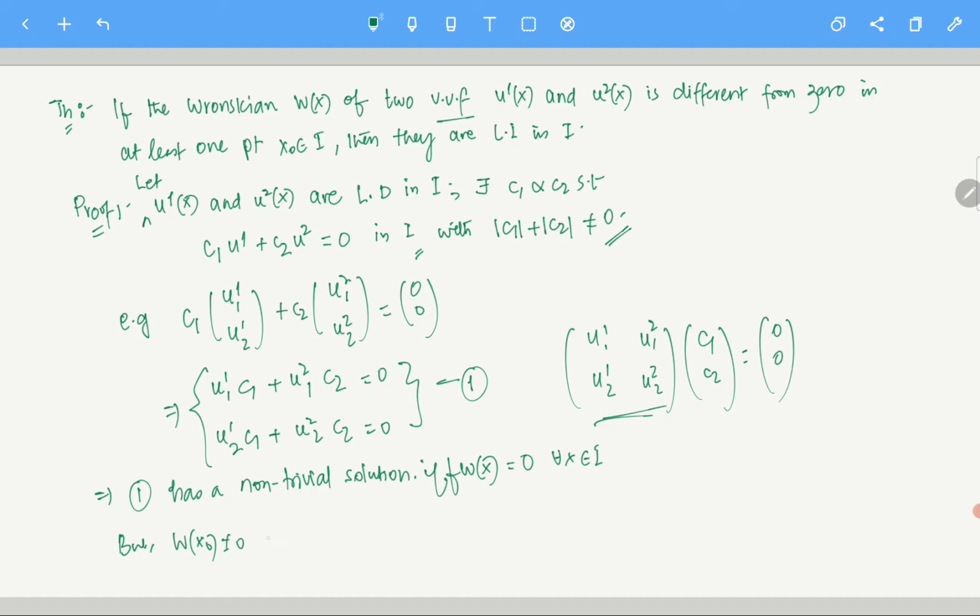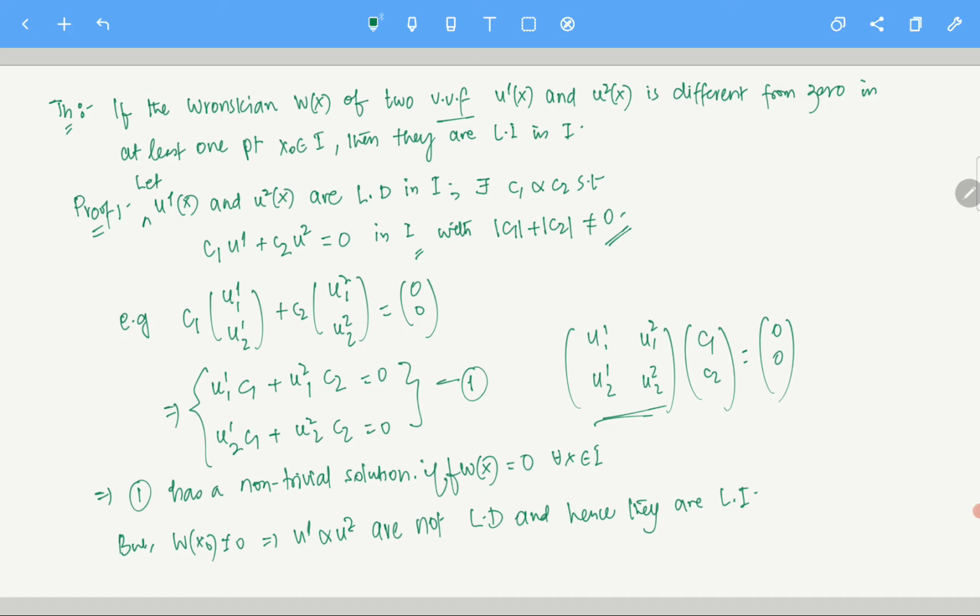So that will imply that the functions u1 and u2 are not linearly dependent, and hence they are linearly independent. See here, C1 and C2 non-zero given to you.